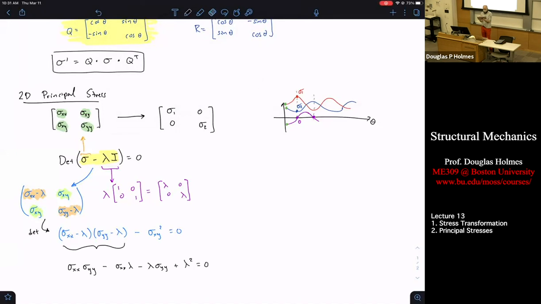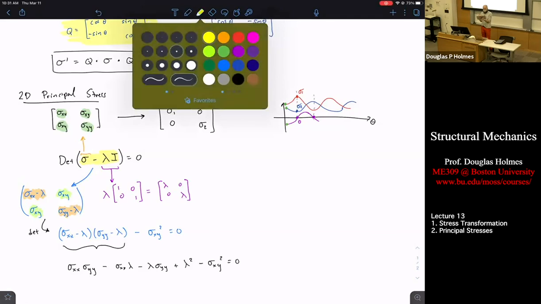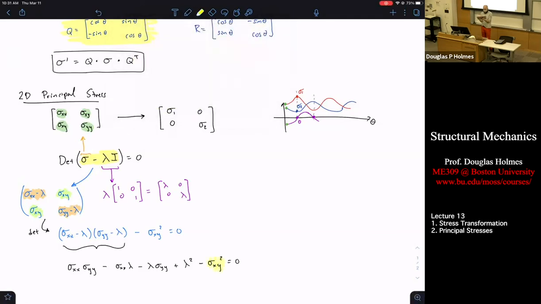Oops, we lost the other term. Minus sigma xy squared. So to be more clear, this term is just this, and the rest of this comes from expanding out the product there.